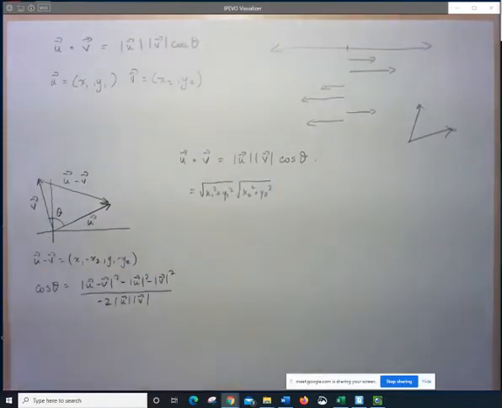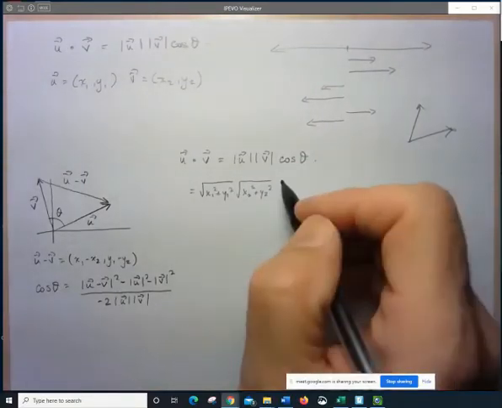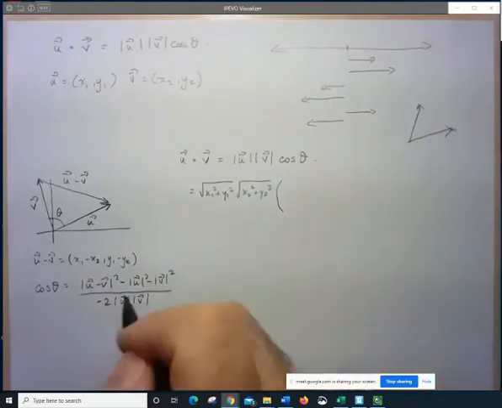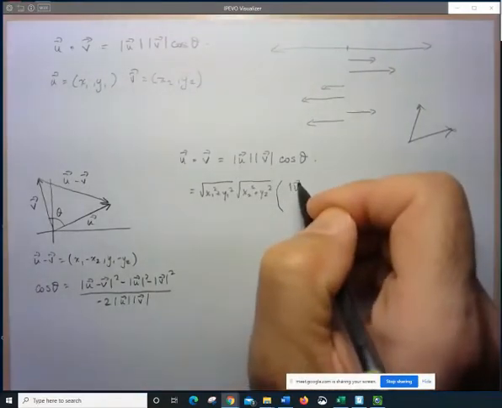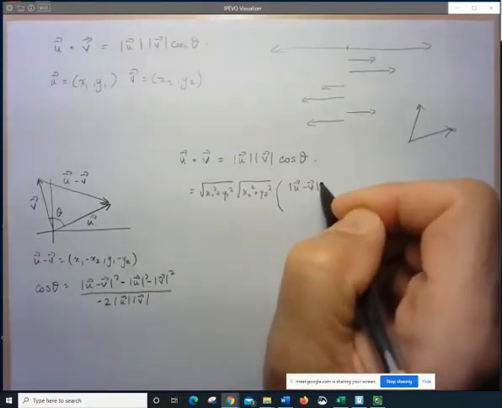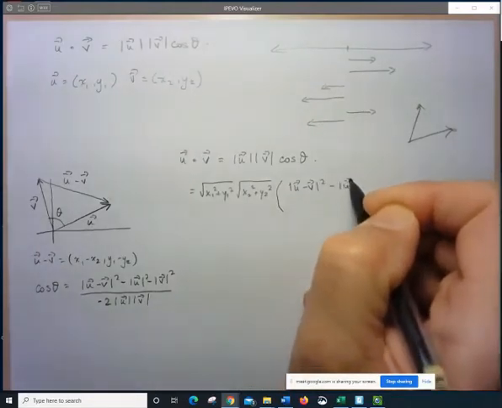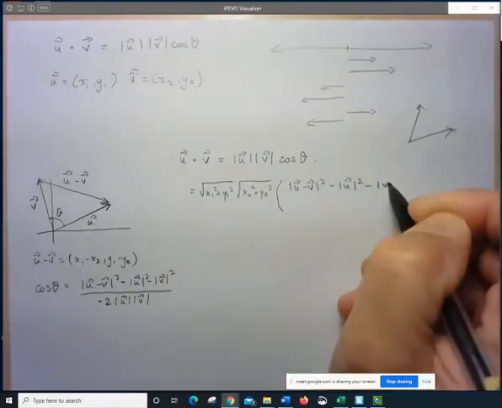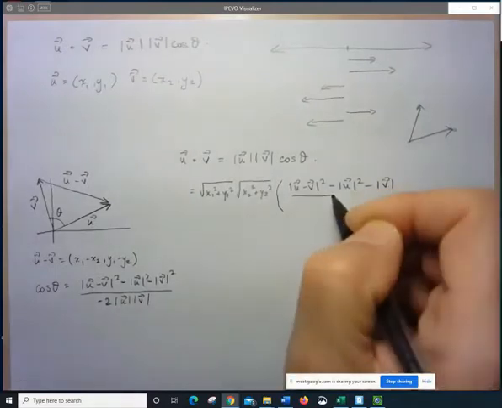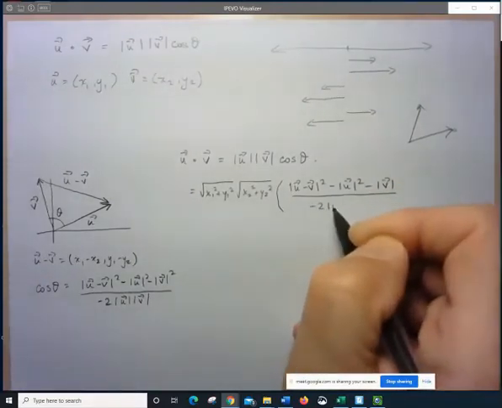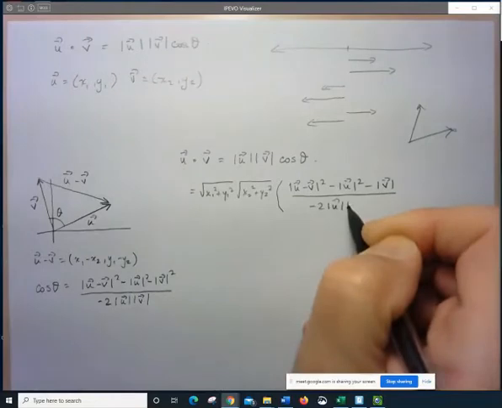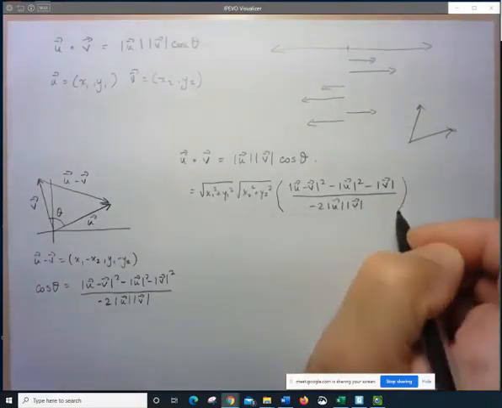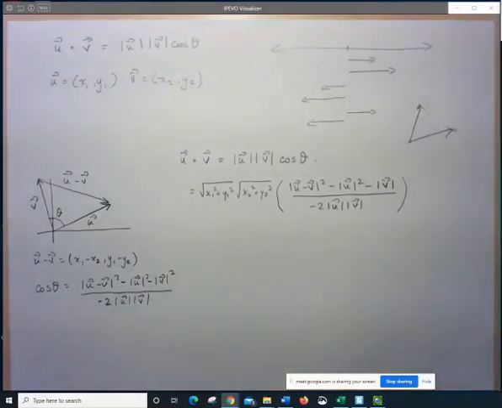Now look at what happens when I replace cosine theta by this equation. What very nice thing happens here?